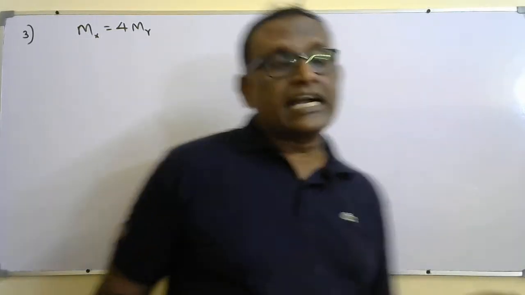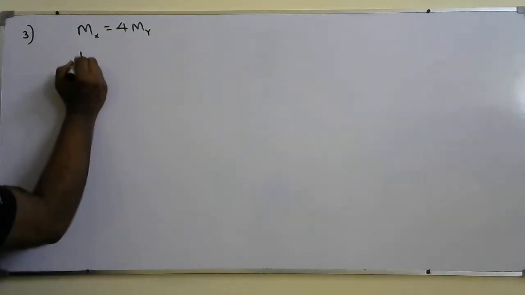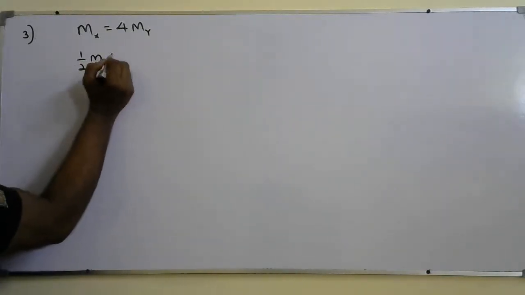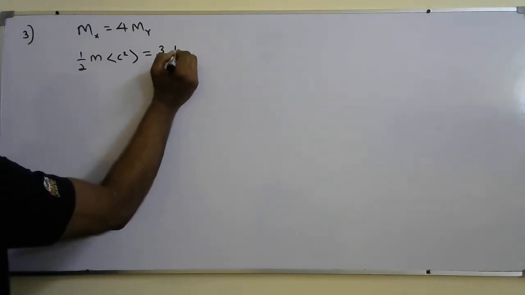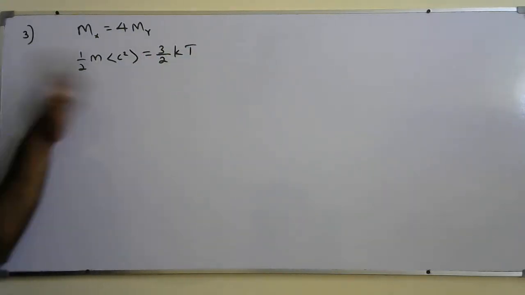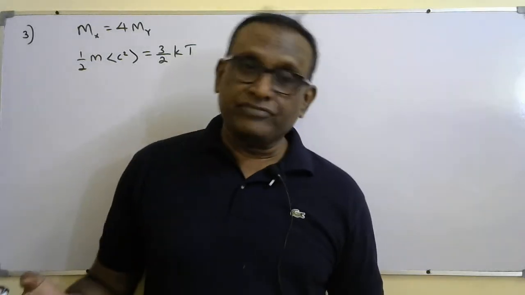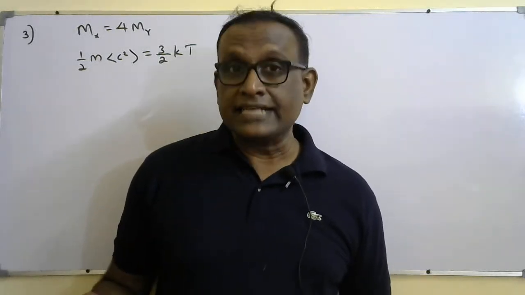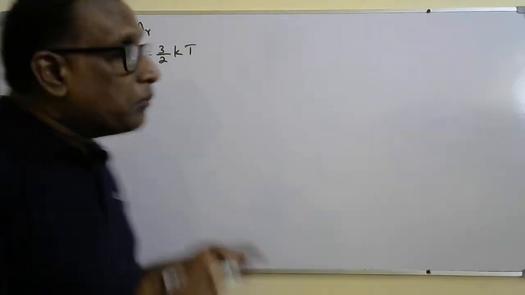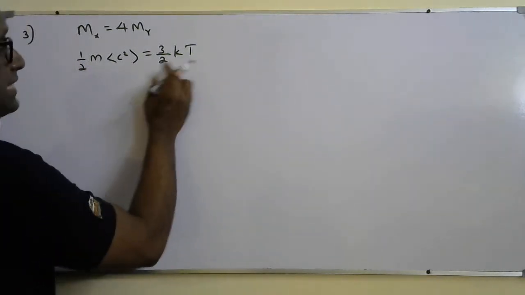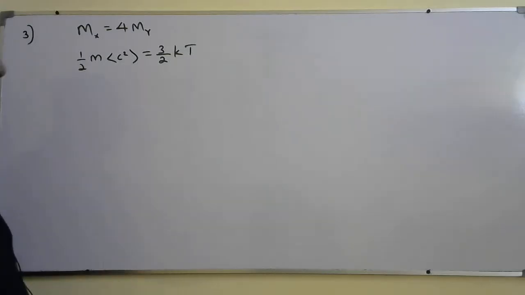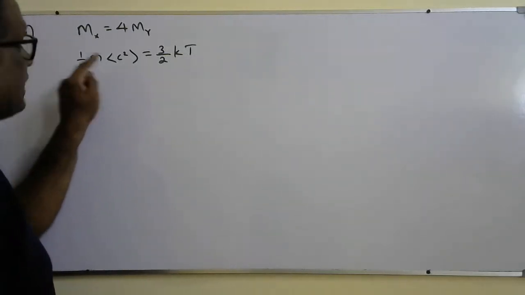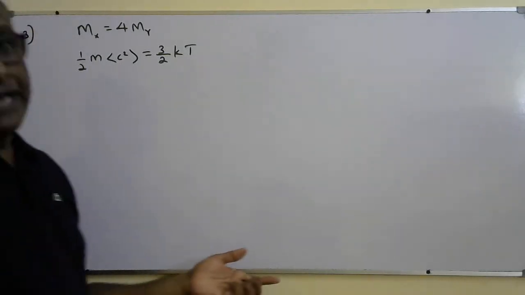The average kinetic energy of a molecule, half m c squared, equals 3 by 2 kT. So these two molecules X and Y have different mass, but both are at the same temperature. So both molecules will have the same average kinetic energy because they are at the same temperature, but they have different mass, meaning they'll have different mean square speed.